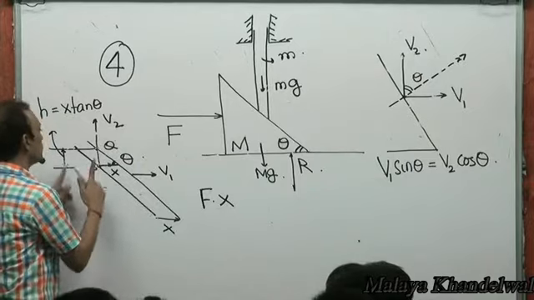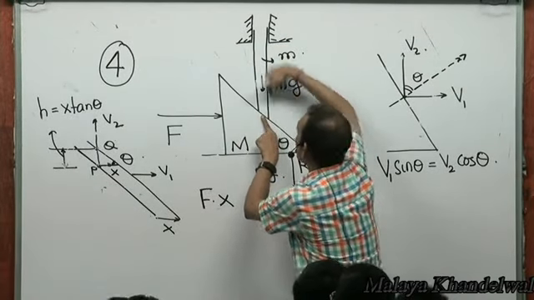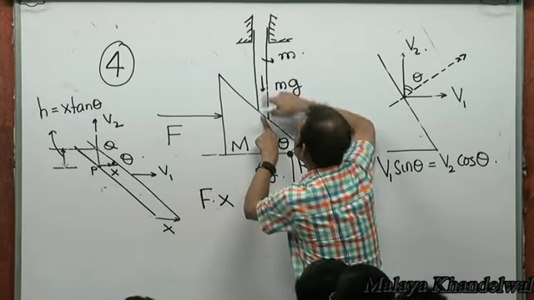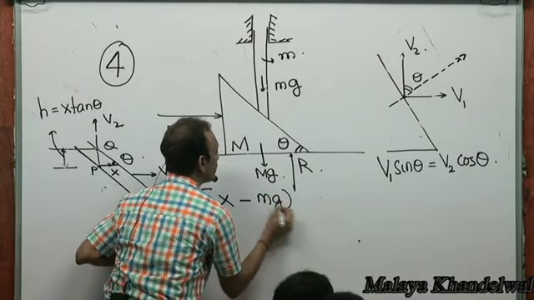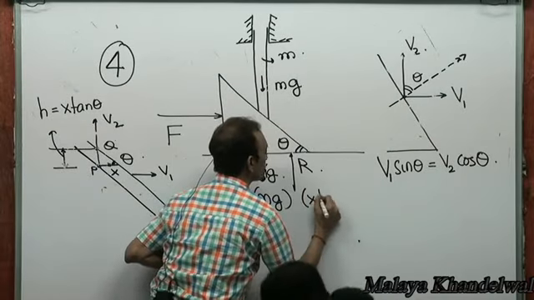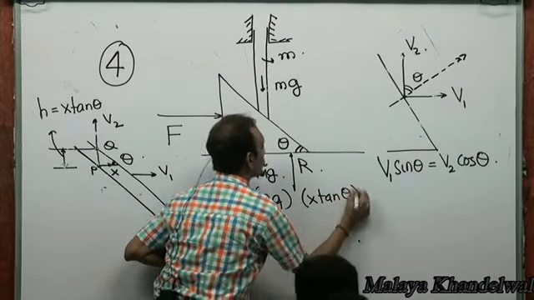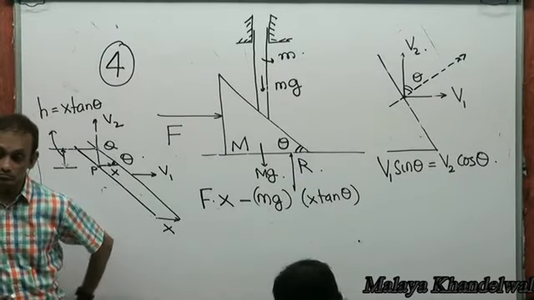Small mg is acting downwards, and the displacement of this is upwards. So, minus mg into h is the work done by gravity, where h is x tan theta, yes or no? H is upwards, which is x tan theta. That's the work done by gravity, yes or no?